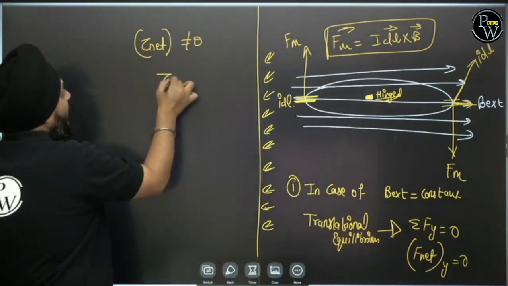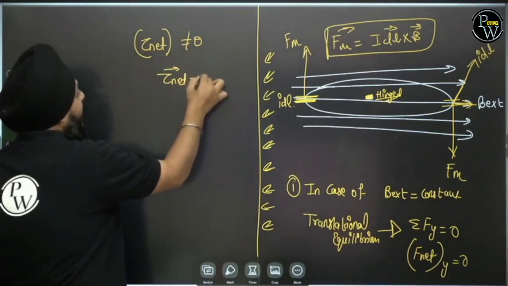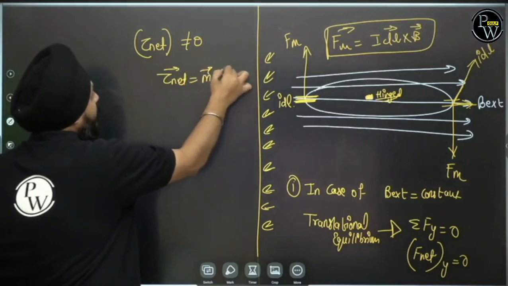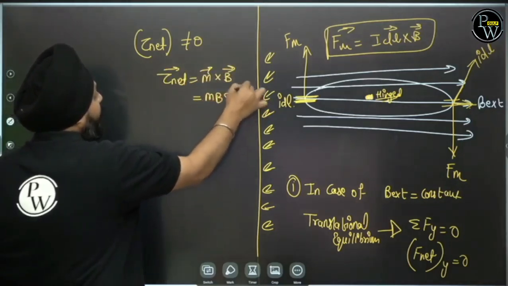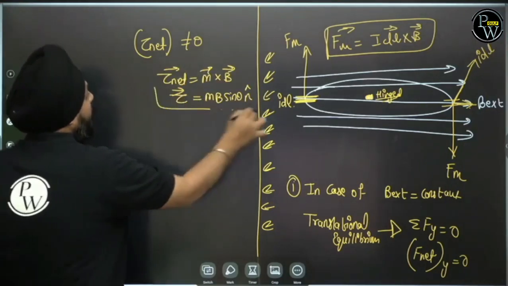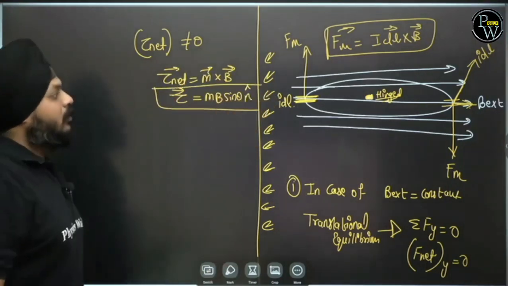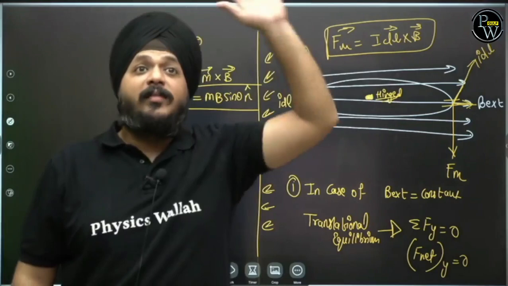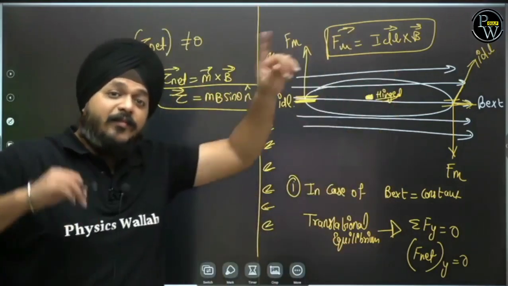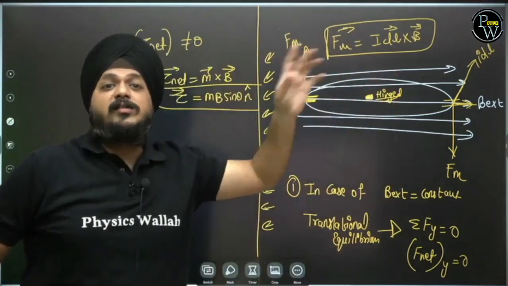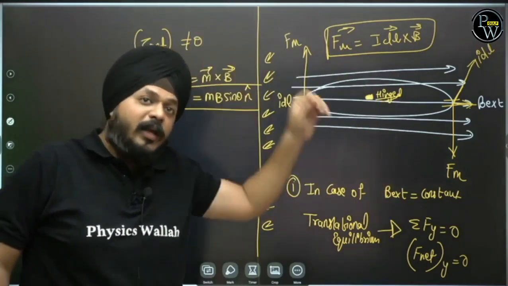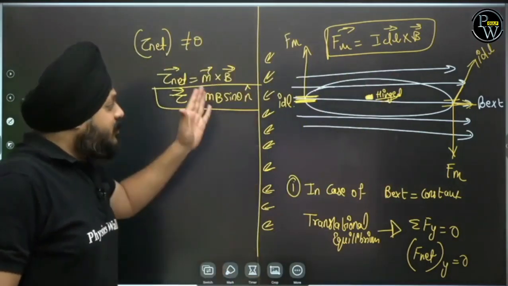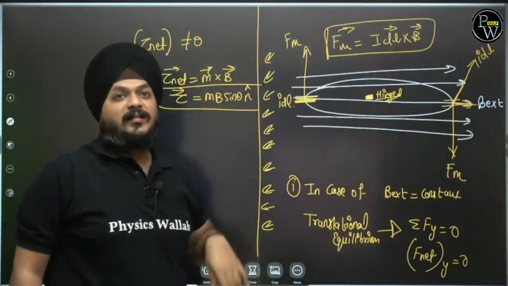In this case, we have already seen the net torque can be given as M cross B, or MB sin theta along unit vector n. Now what is the work done? Like we have seen in gravitation, in rotation, and in electrostatics, work is done against this torque.